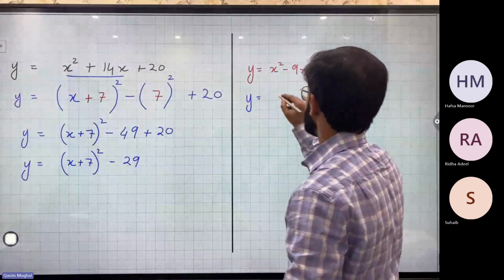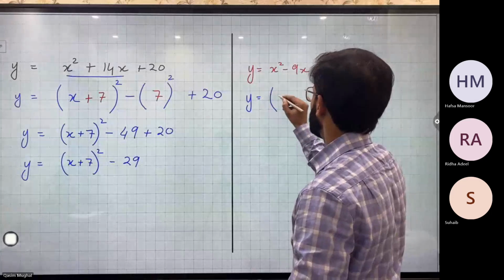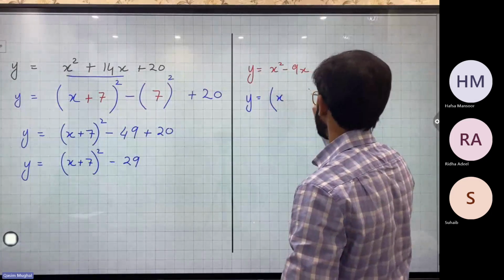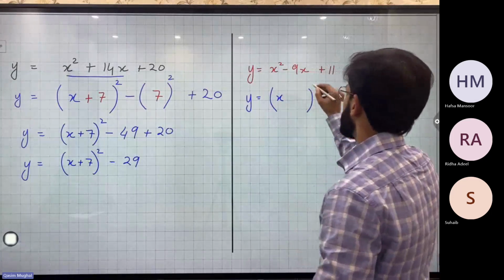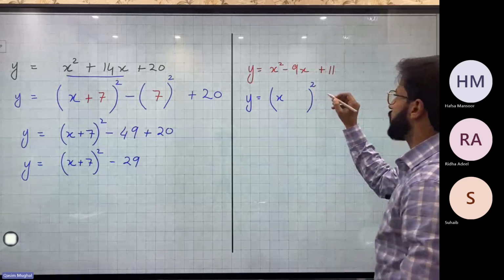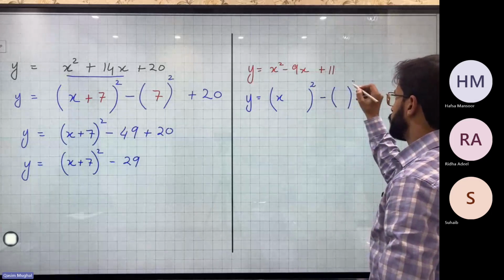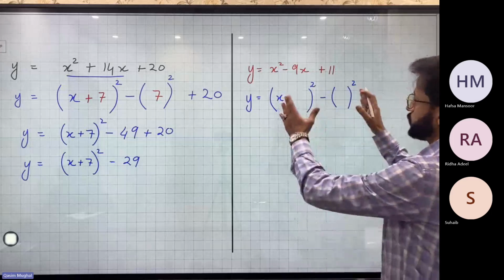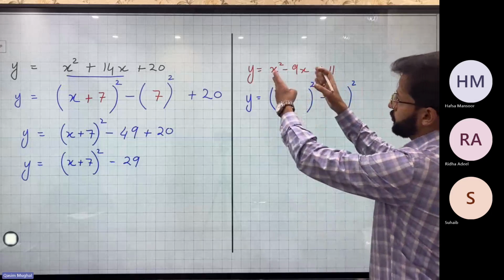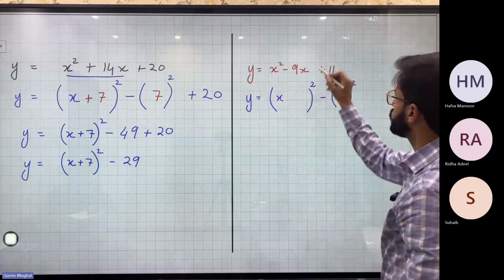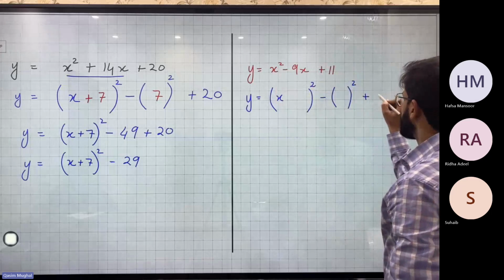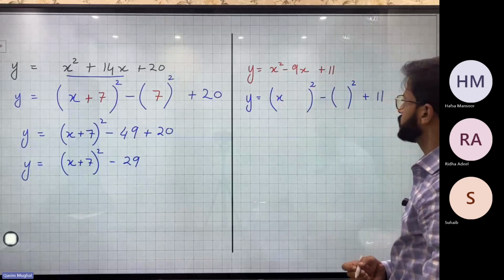So y is equal to bracket open x, empty space, bracket close, whole squared, and then minus empty bracket whole squared. This is going to come in place of the first two terms only. We shouldn't be bothered about the constant, so we can carry that along as it is.